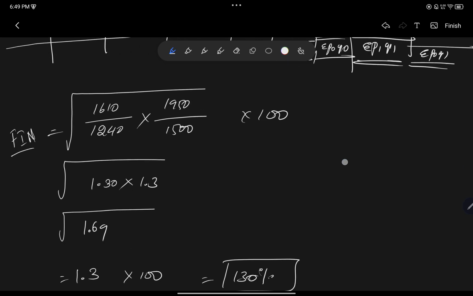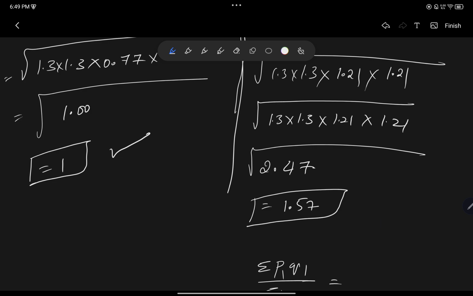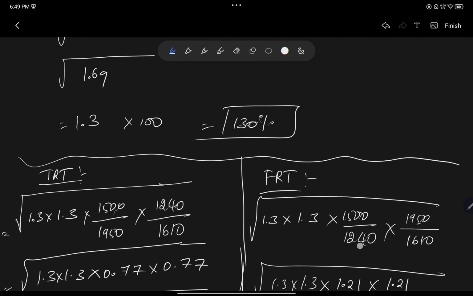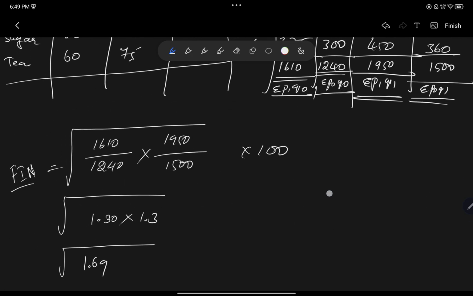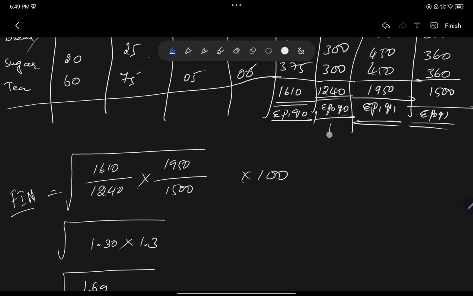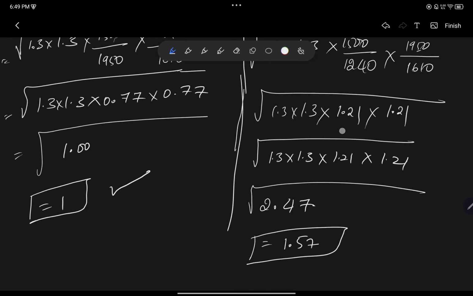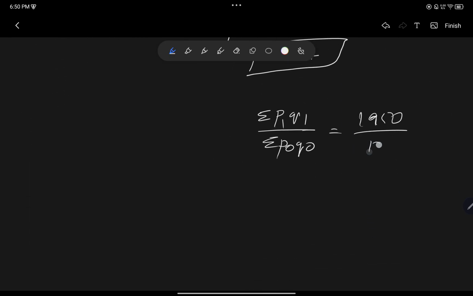P1 Q1 is 1950, divided by P0 Q0, this is P0 Q0, 1240.